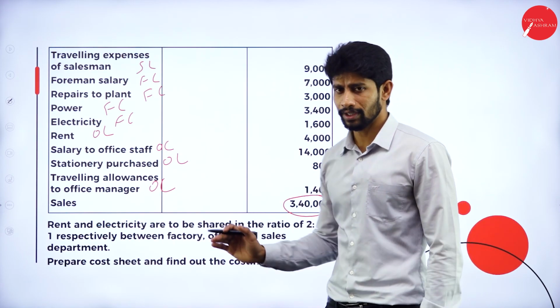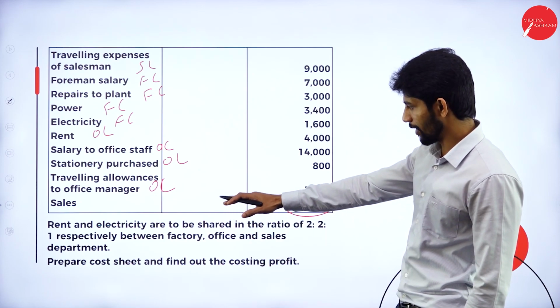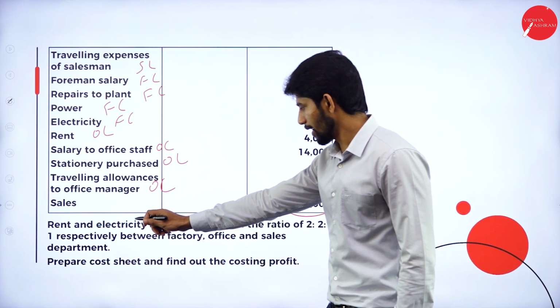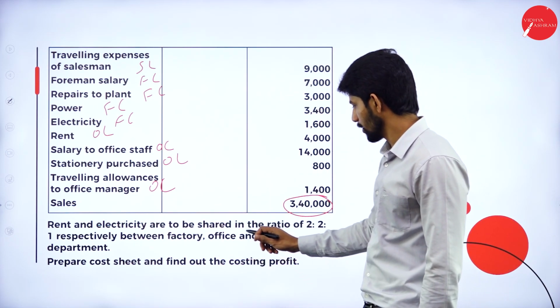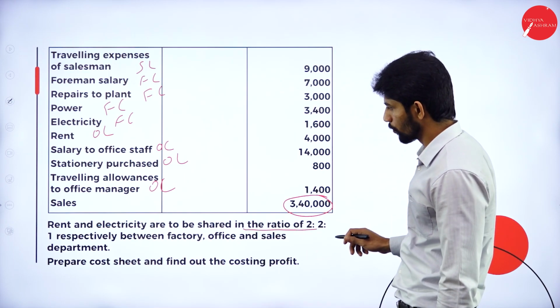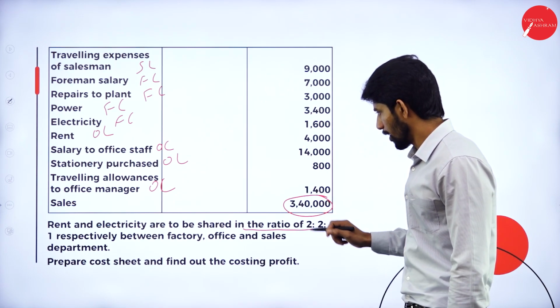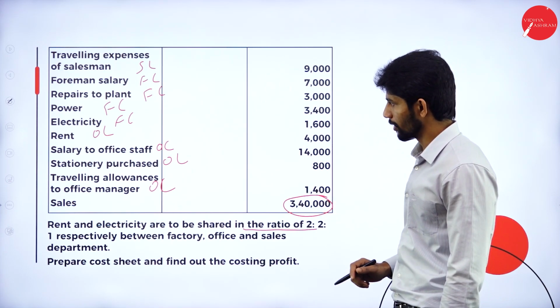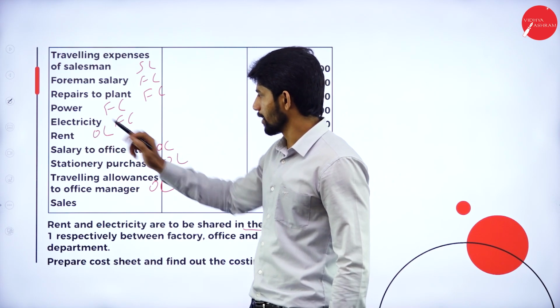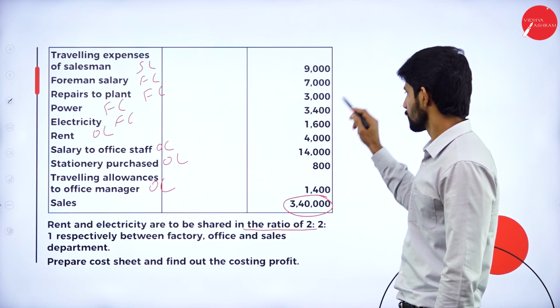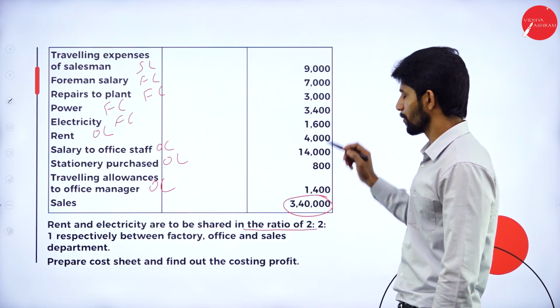So this is the information given in the problem, and they also gave additional information, that is rent and electricity are to be shared in the ratio of 2:2:1. So here electricity and rent is given. Electricity of rupees 1,600 and rent of rupees 4,000.